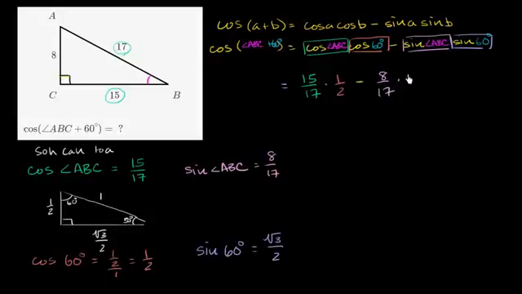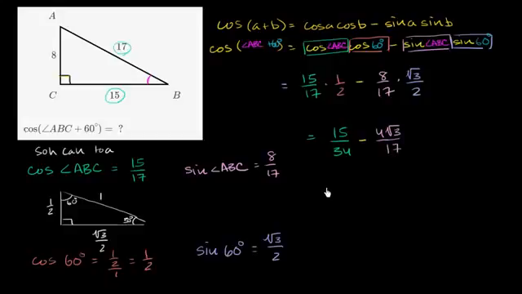So times square root of 3 over 2. And now we just have to simplify a little bit. So this is going to be equal to, if I multiply 1/2 times this, that's going to be 15 over 34, minus, and we're dividing by 2, so it's 4 square roots of 3 over 17.